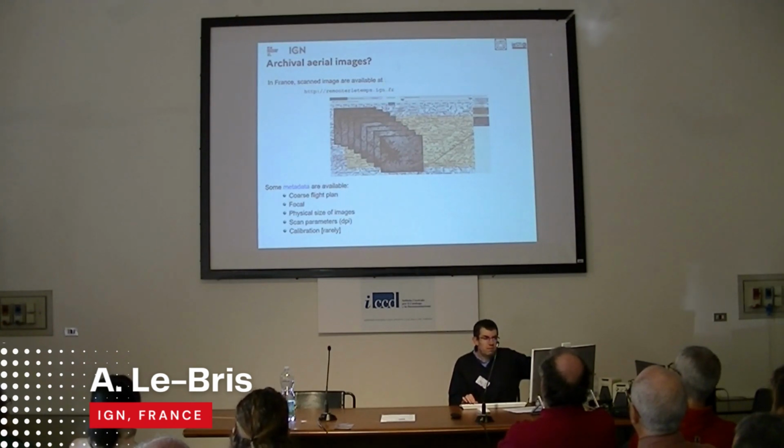together with scanned images, we have some metadata: a coarse flight plan, coarse information about camera focal length, and information about the physical size of images and of scanning parameters.